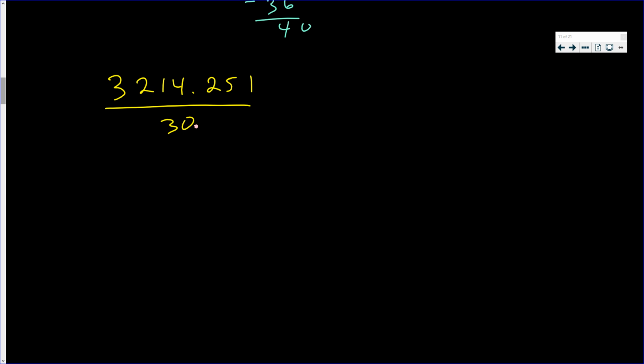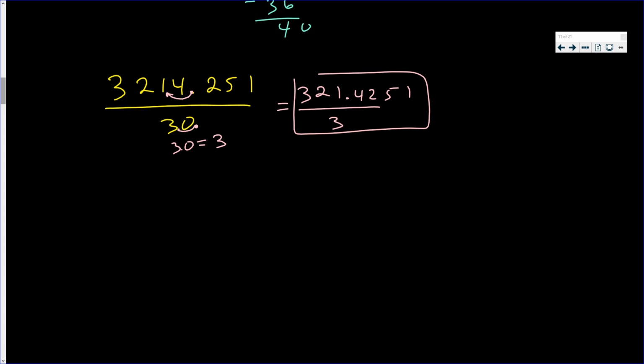If I move it to the left one place, then this will be 3.0, which is 3. So now I'm dividing by 3. Oh yeah, I moved the decimal to the left one place in the bottom. I have to do the same to the top number. So this is the problem that I'm going to do.